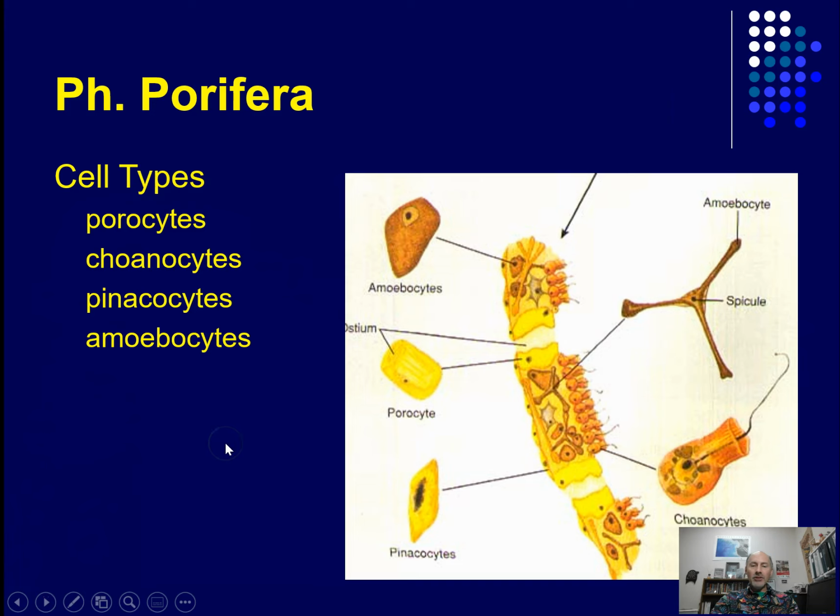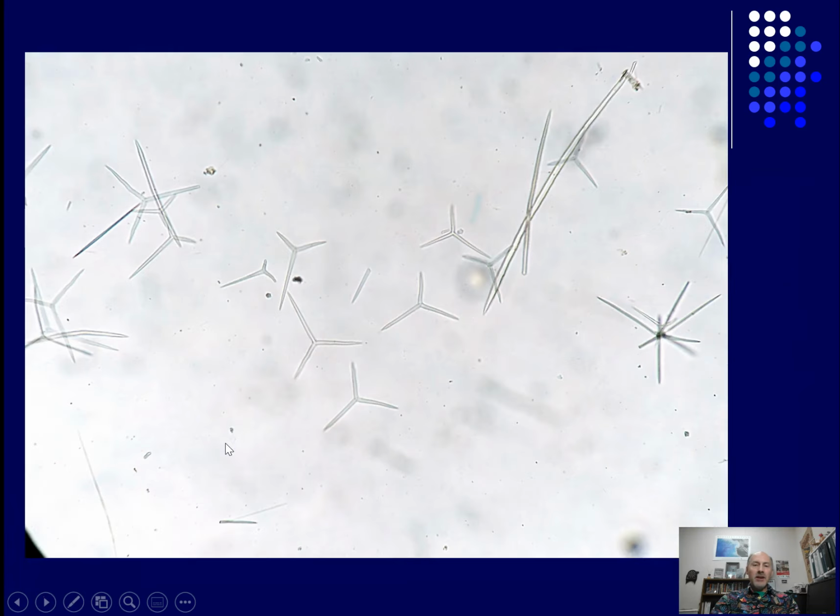So let's take a look at some spicules here. This is actually from one of our own slides, and you'll be able to look at these through a microscope, and you will see that they have different shapes. Many of them are three-pronged, but of different lengths. Others are simple needle-like structures.